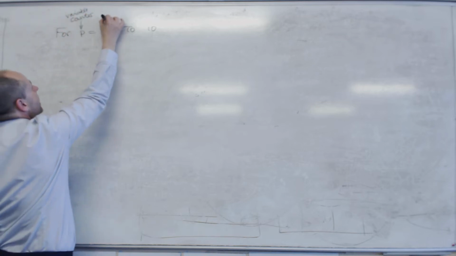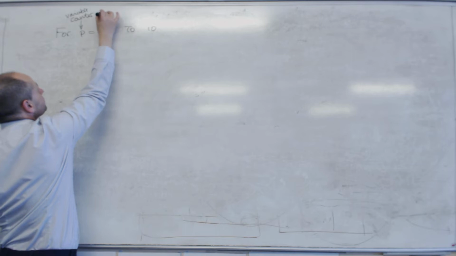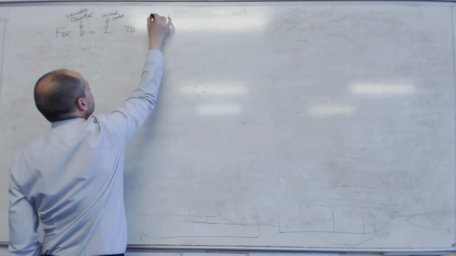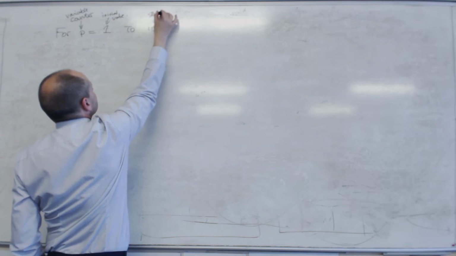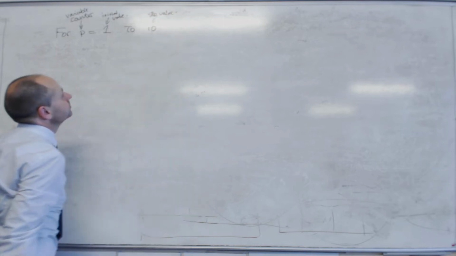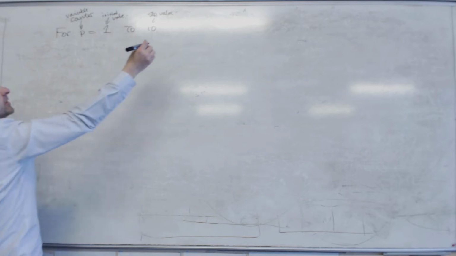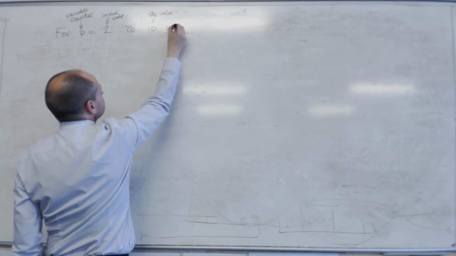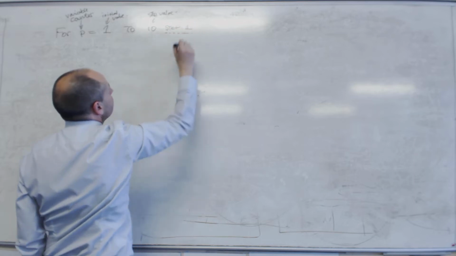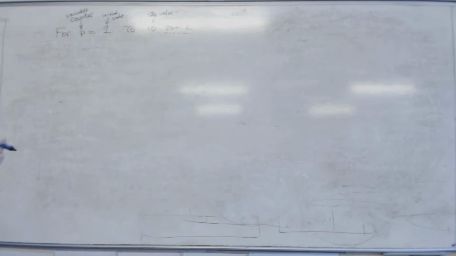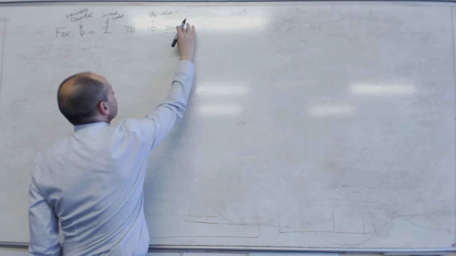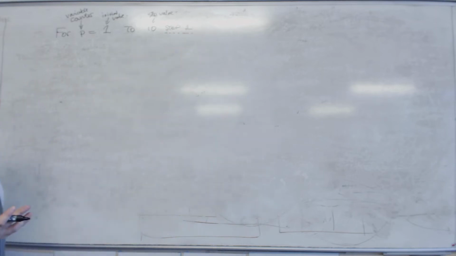We have an initial value, and we have a stop value, a final value. There's one other thing that's optional, and that's to say step, which by default is always 1, so we increment by 1. But you can have negative values. You can go up in 2s, 3s, depending on the task you're doing.